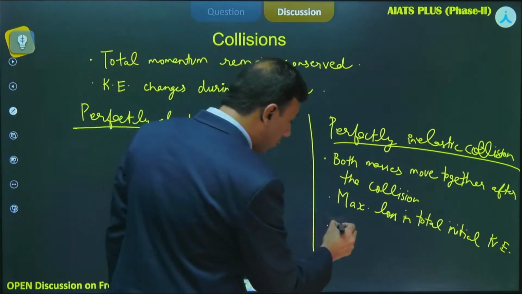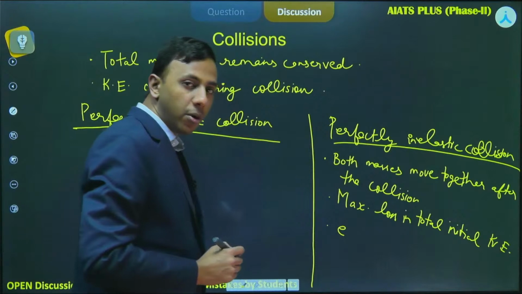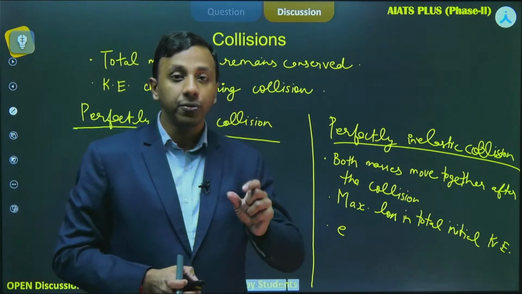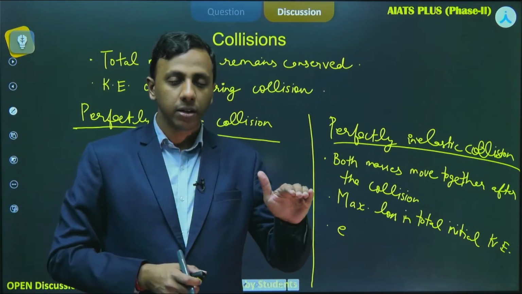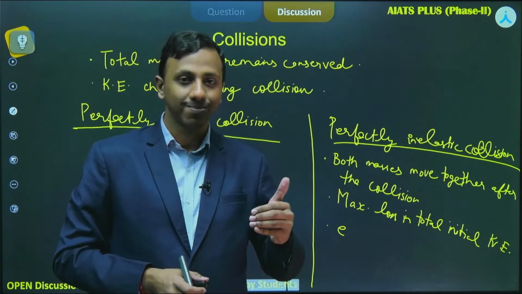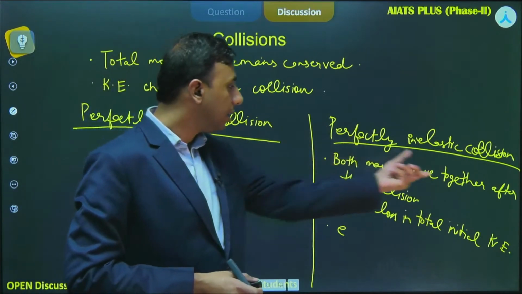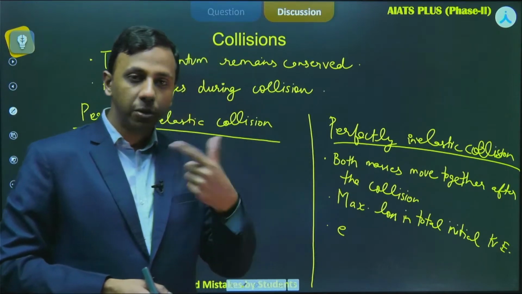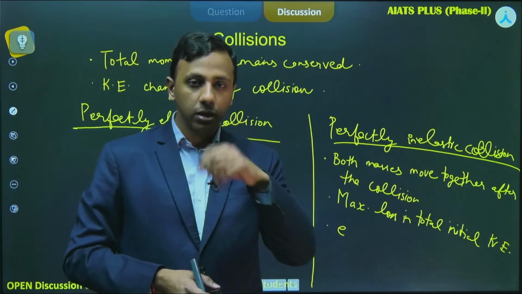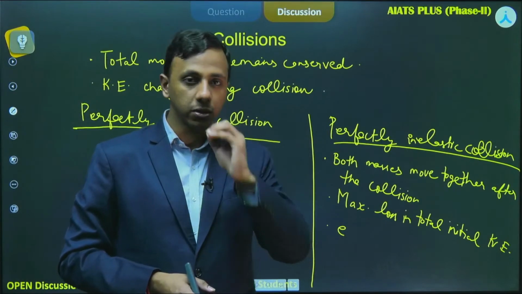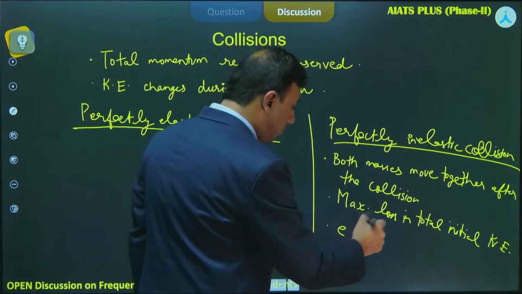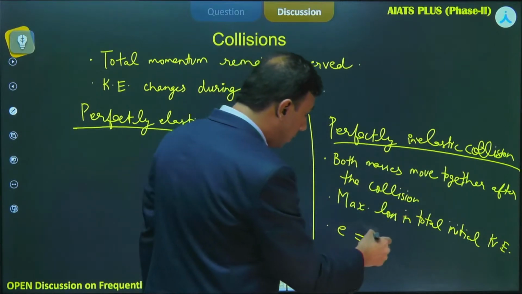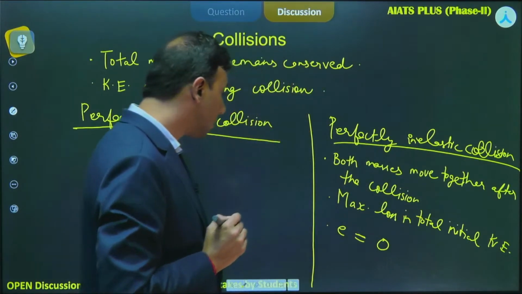Its formula is relative velocity of separation divided by relative velocity of approach. But as I said, they are moving together, so they are not separating. So the relative velocity of separation is 0, so e is also 0, right?